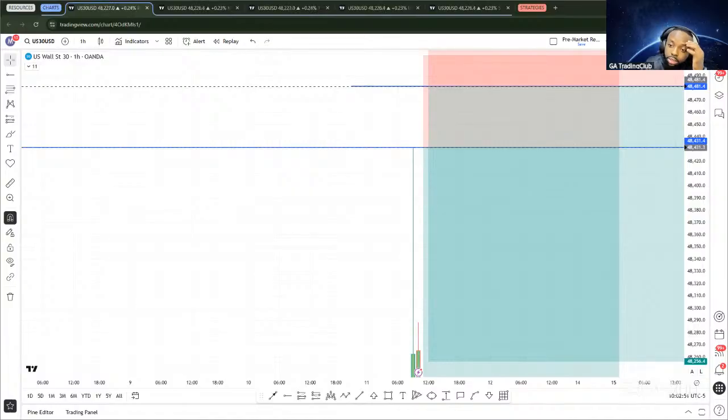So this is a sell limit. 5 lots. Price. Stop loss is. Take profit is.